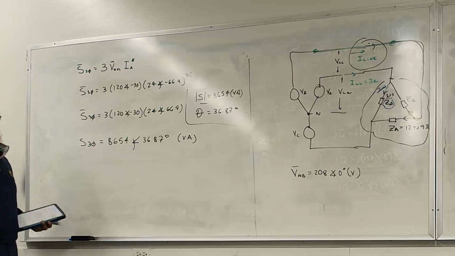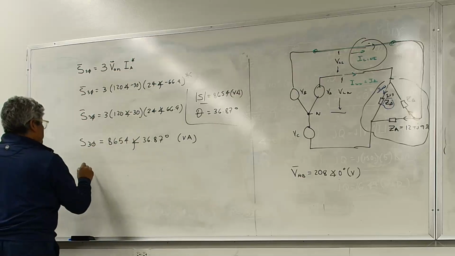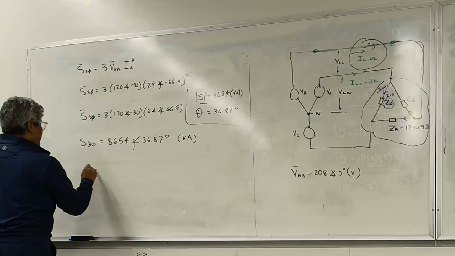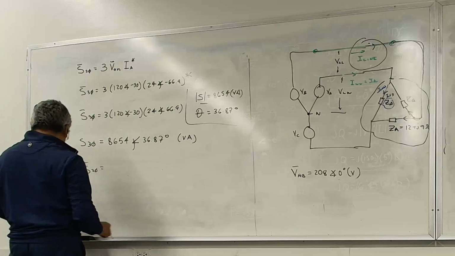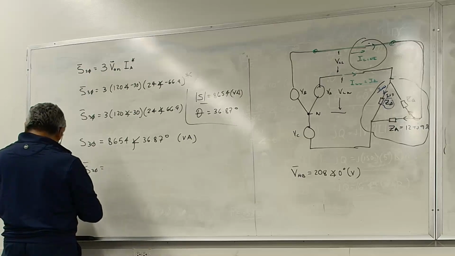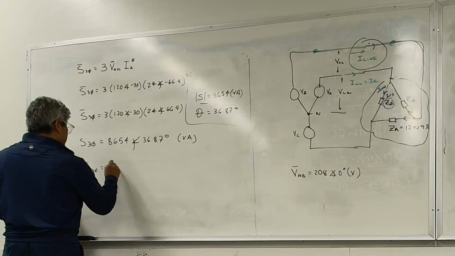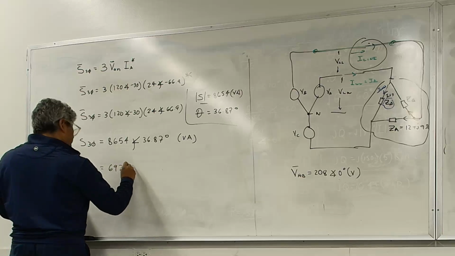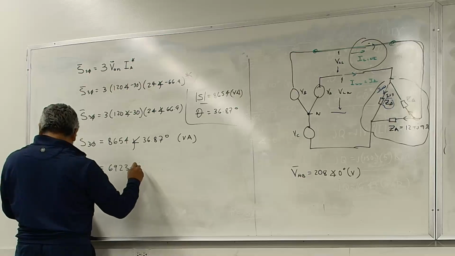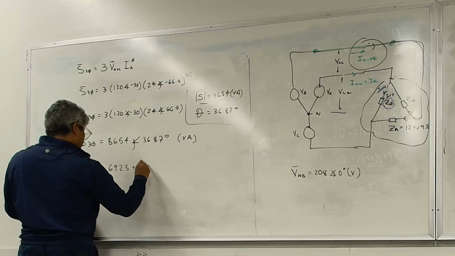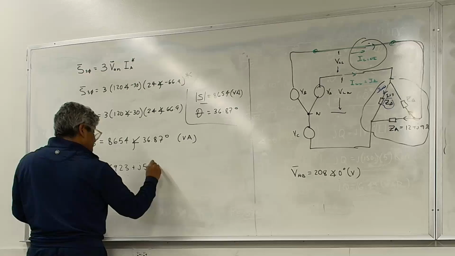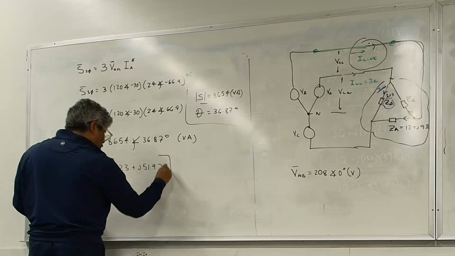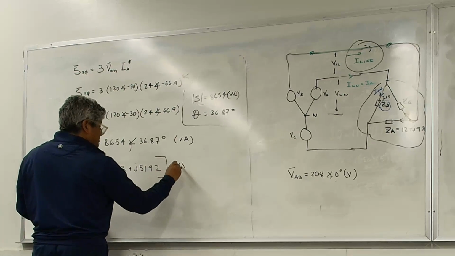But because you guys want to do it quick, you just plug it into your calculator and you get S three phase is equal to 69.23 plus j 51.92. This whole thing is volt amperes.